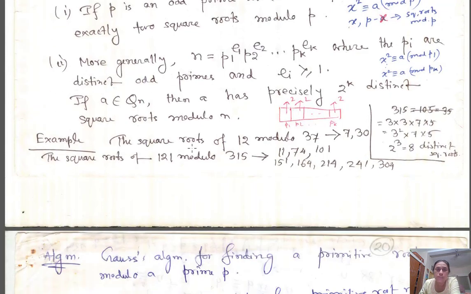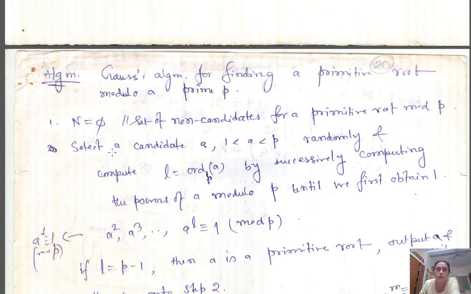There is one heuristic algorithm called Gauss's algorithm for finding a primitive root modulo a prime. If your prime is very large, then you can utilize this. I will not discuss this in detail. Some randomization is incorporated to get the primitive root modulo a prime. This is not a very good algorithm, but some randomness is introduced.